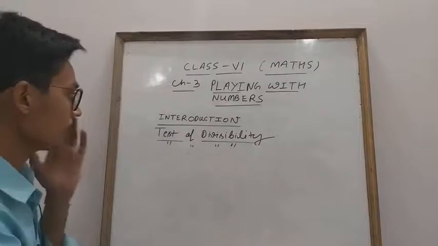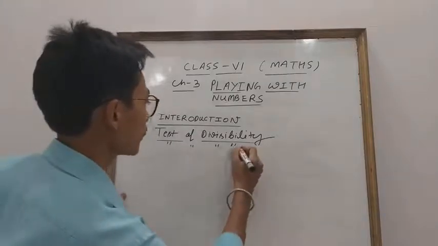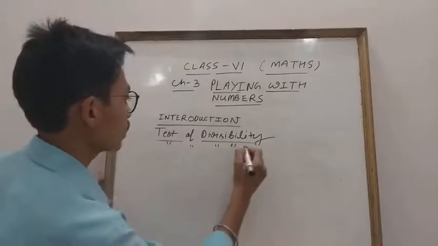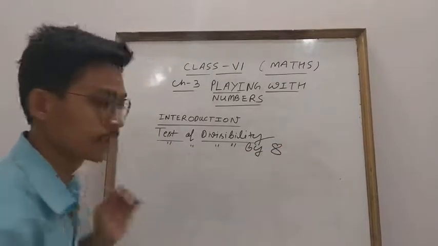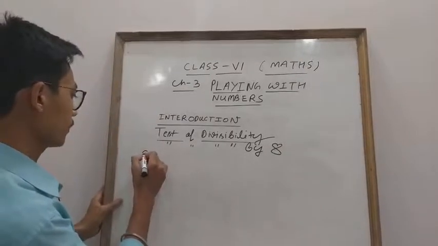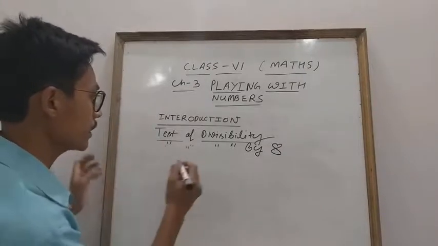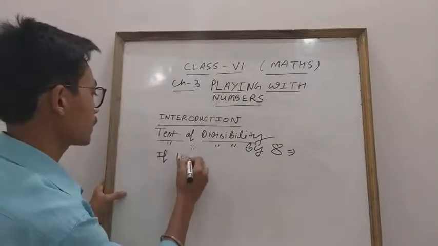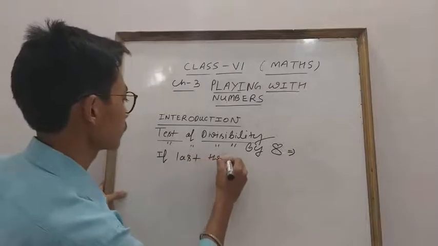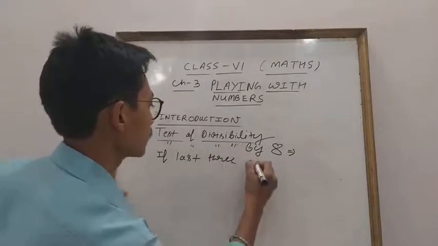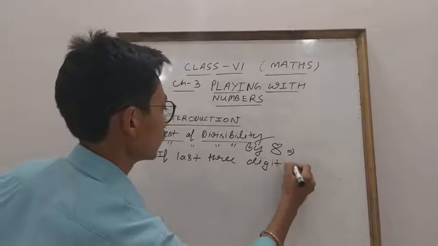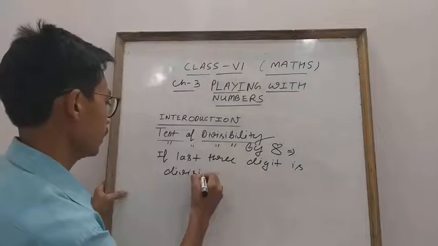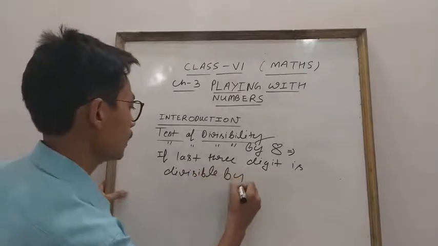Clear student? So now I am going to explain the test of divisibility by 8. What is the test of divisibility by 8? If the last 3 digits are divisible by 8.